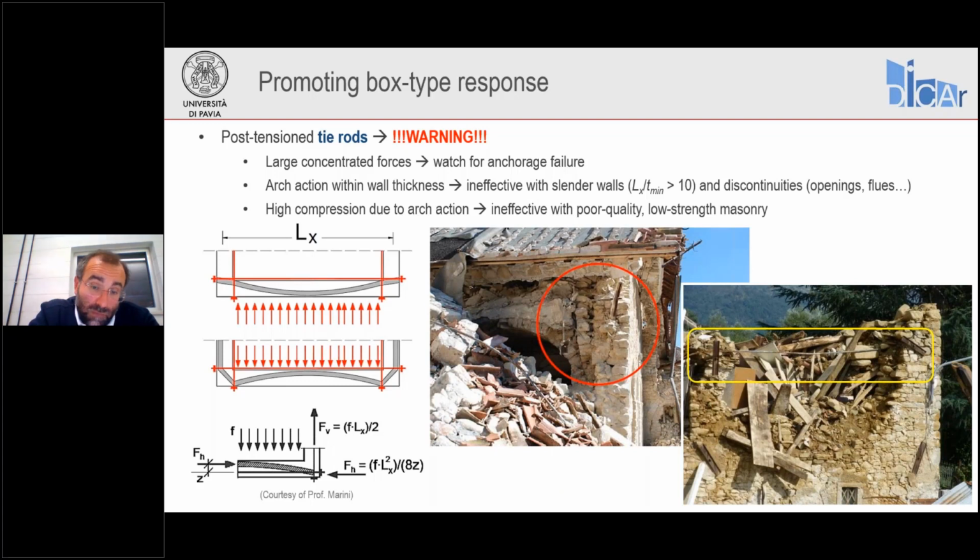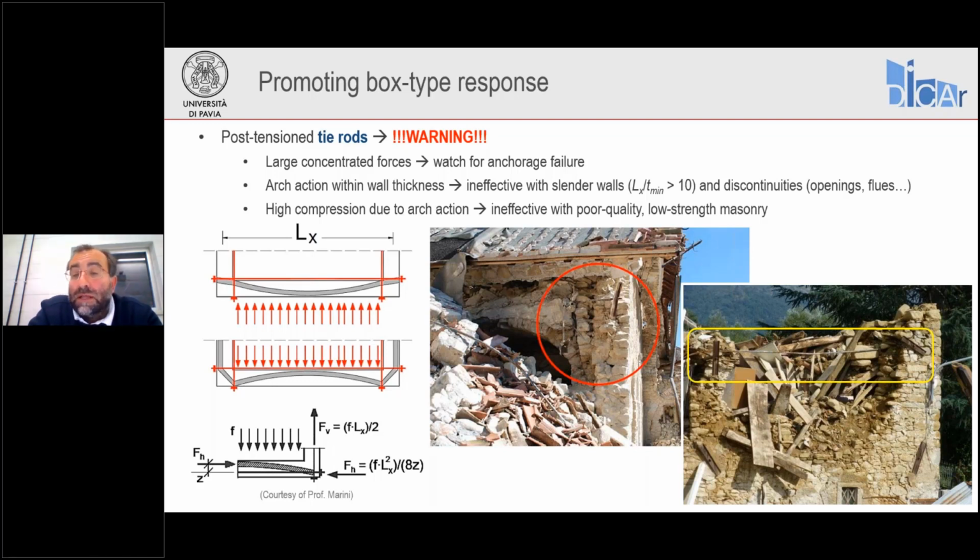Finally, because of the arch mechanism that is developing horizontally within the thickness of the wall, we are developing also very high compressive forces in the masonry. And if our masonry is of poor quality, for example, rubble stone masonry with round stones and very weak mortar, in that case, the masonry may not be strong enough to resist those compressive forces, those thrusts, and simply these walls are destroyed.